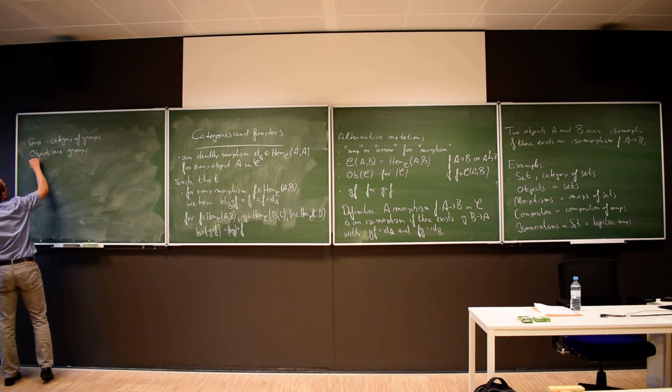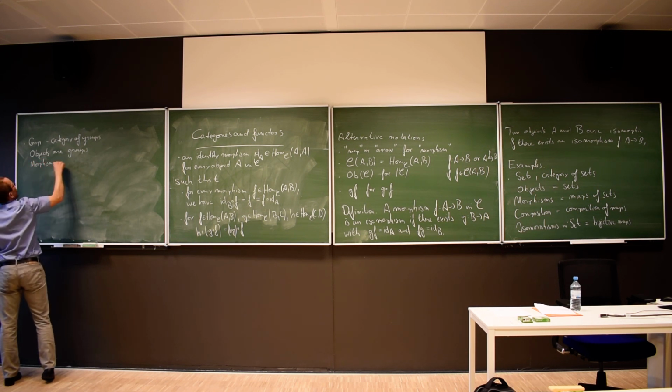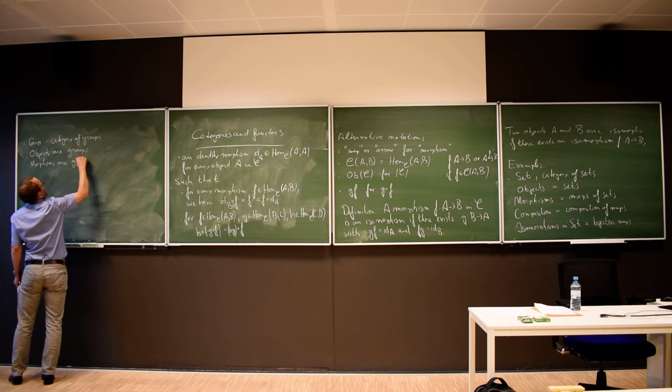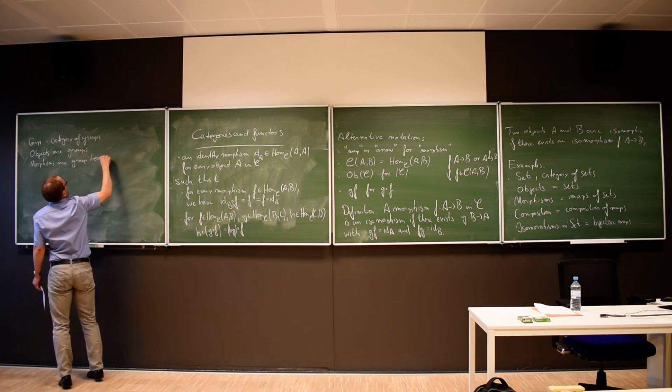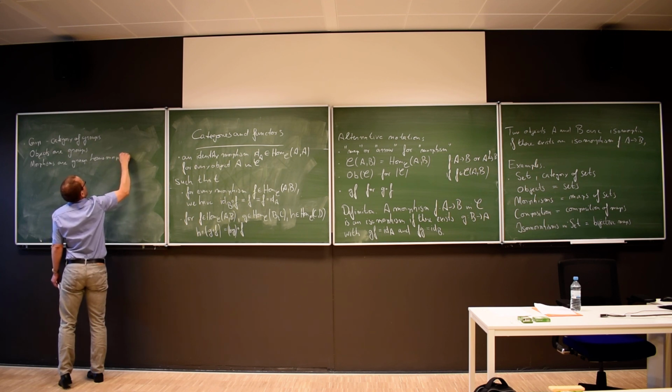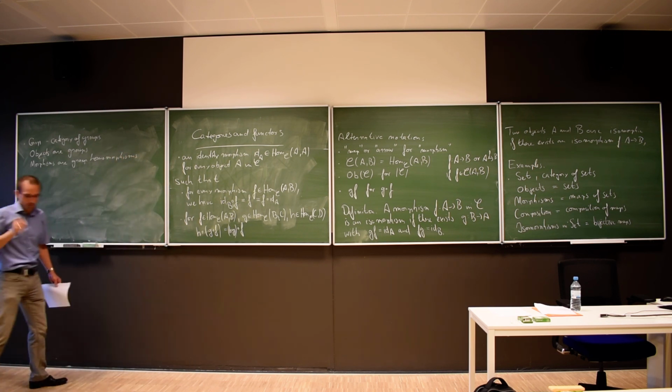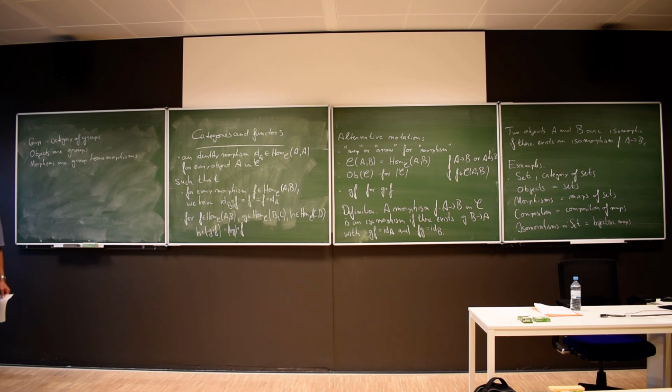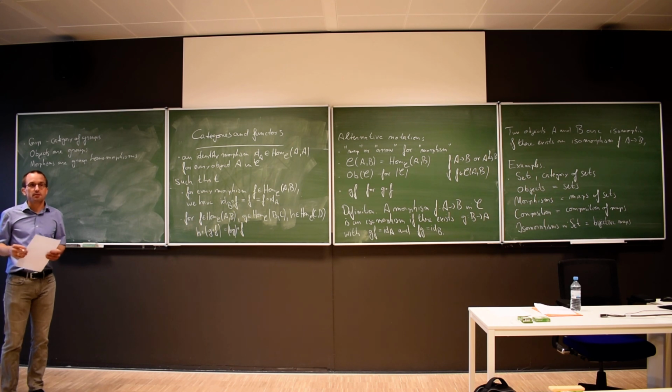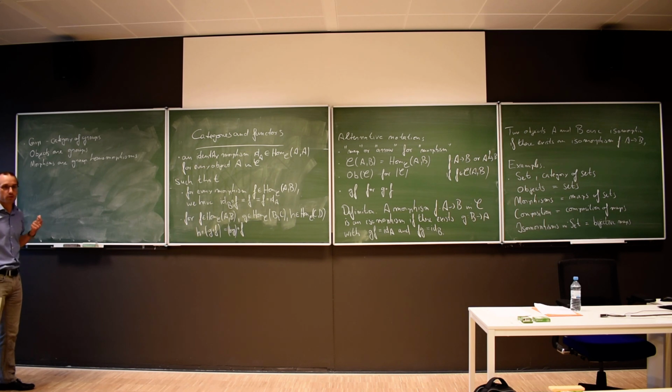The morphisms are group homomorphisms. So maps between the underlying sets of the groups that respect the composition law and the unit element. The composition is again the composition of maps, and this makes use of the basic fact that if you compose two group homomorphisms, you get a group homomorphism again.